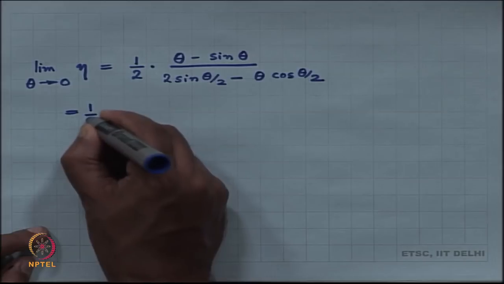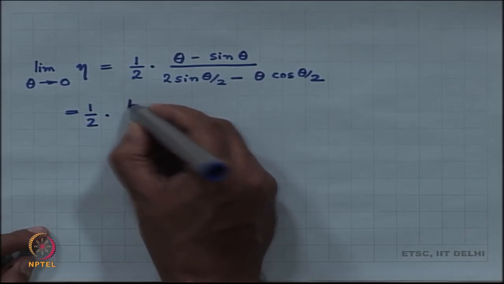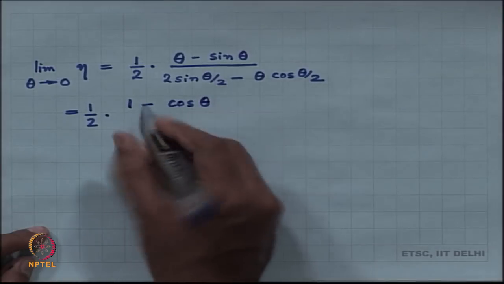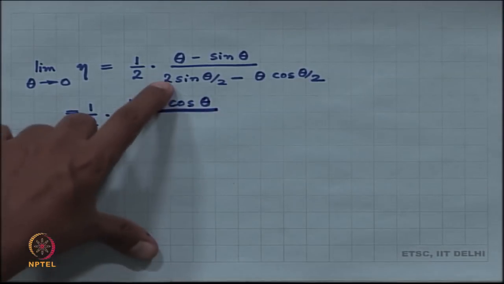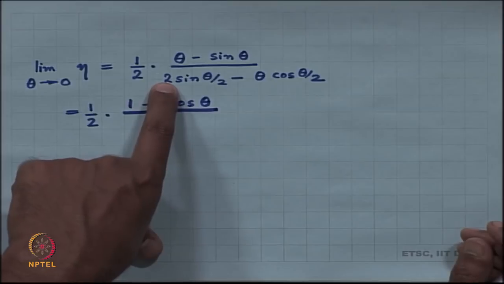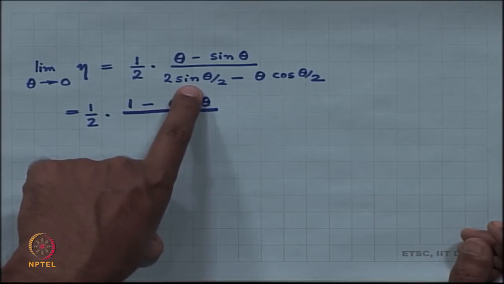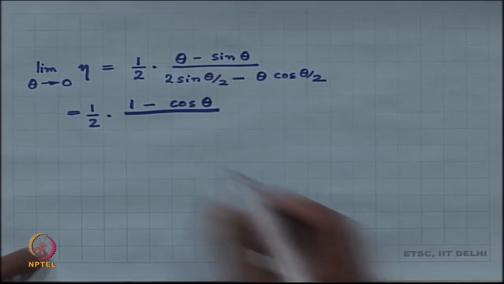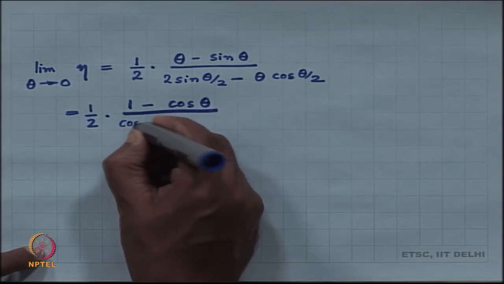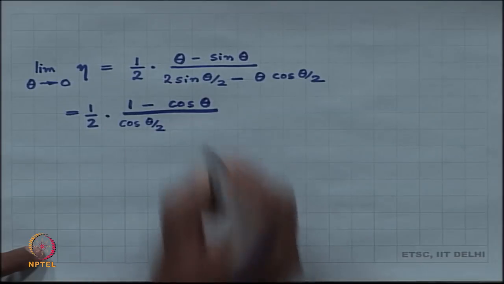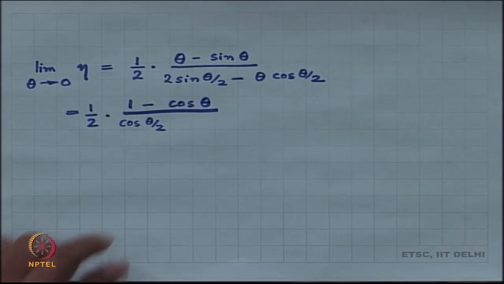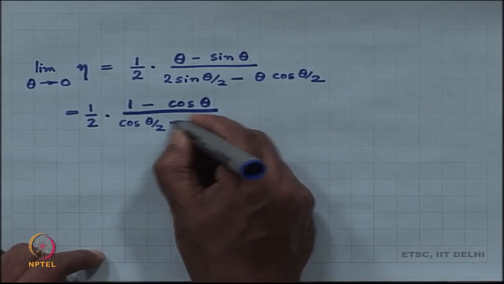So, you take the derivative of the numerator, you get 1 minus cos theta divided by 2 times sin theta by 2, whose derivative is half cos theta by 2. And theta cos theta by 2, you have to break it up.